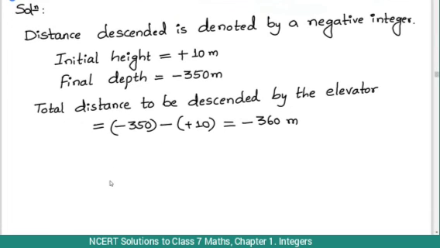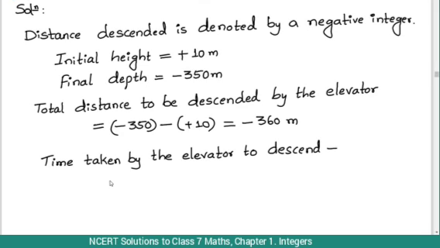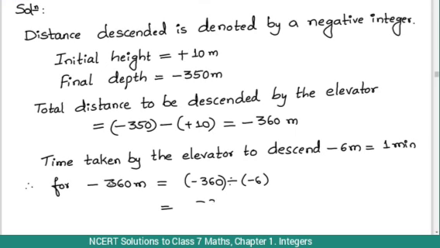Now, it is given that time taken by the elevator to descend minus 6 meters is 1 minute. Therefore, for minus 360 meters, it will be minus 360 divided by minus 6. 6 ones are 6, 6 sixes are 36.